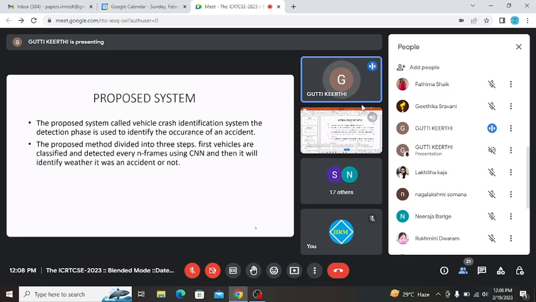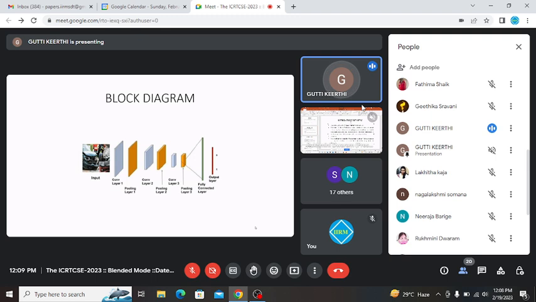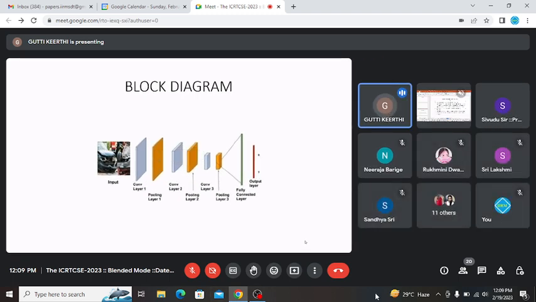The proposed method is divided into three steps. First, vehicles are classified and detected in every frame using a convolutional neural network, and then it will identify whether it was an accident or not. This is the block diagram of our project. Here first we give an image to the web application.